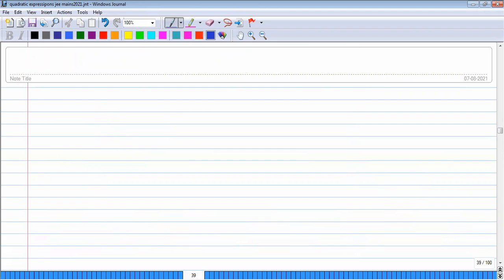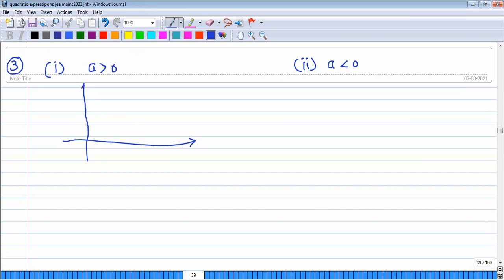Now third one. So in that first case, a greater than 0, consider second case. So first let me draw the graphs, then try to interpret. So last page. X dash, y and y dash.